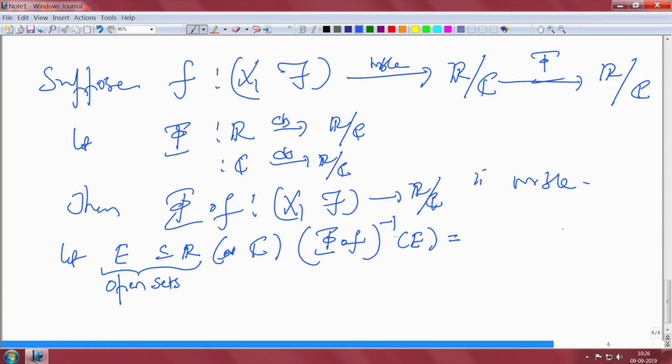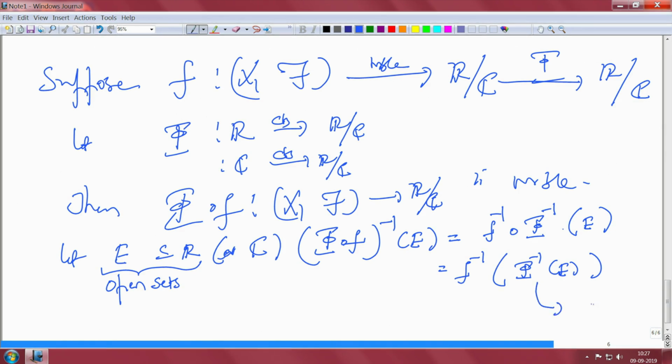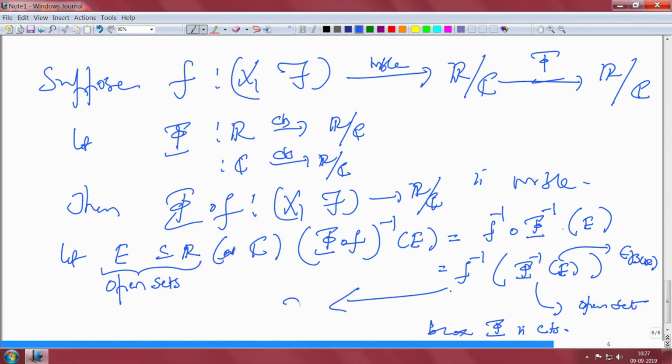This is nothing but f inverse of phi inverse of E, and this is an open set. Why? Because phi is continuous. So this is an open set, and so it will belong to the Borel sigma algebra of R, and so f inverse of that would belong to script F, and so this is measurable.